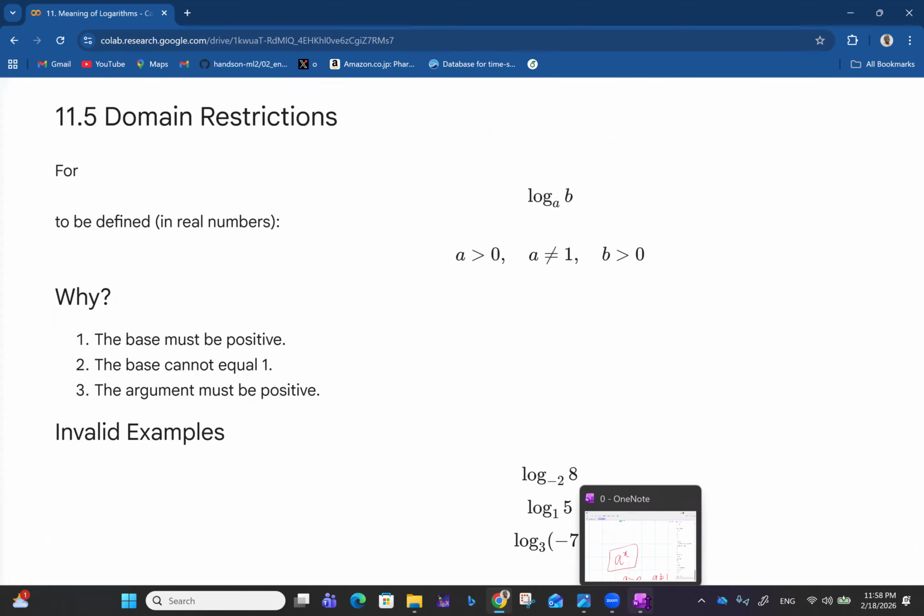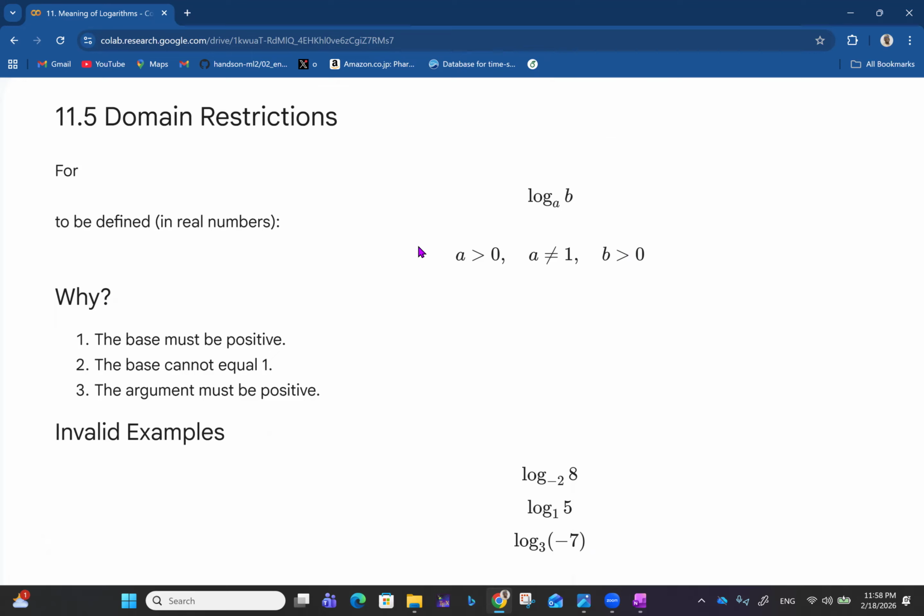Now, it is understandable that the value is greater than 0, because no matter what exponent you take, you end up getting a positive value. Even if the power is negative, you end up getting something positive. So b, the value, is always greater than 0, just like a itself is greater than 0, and it's actually not 1.